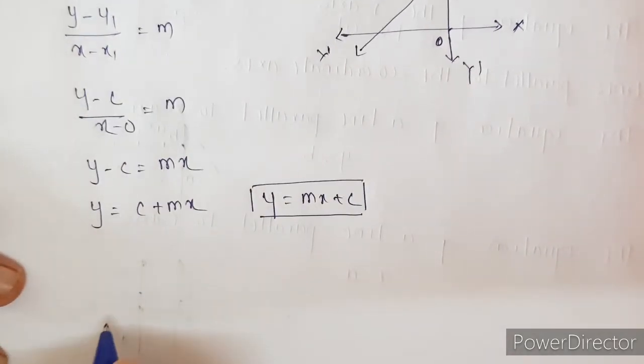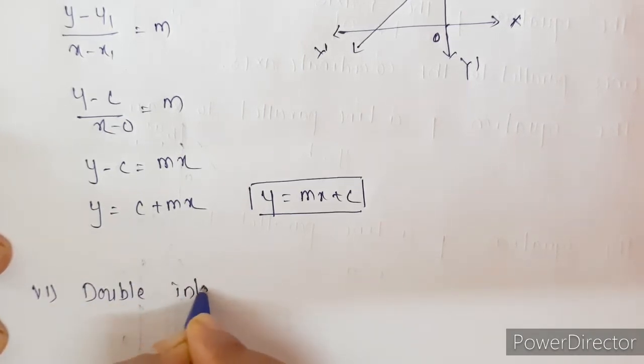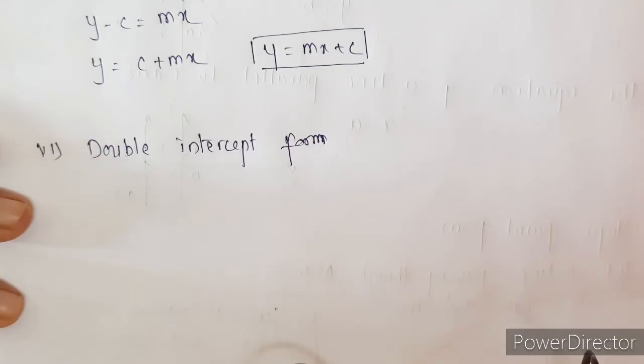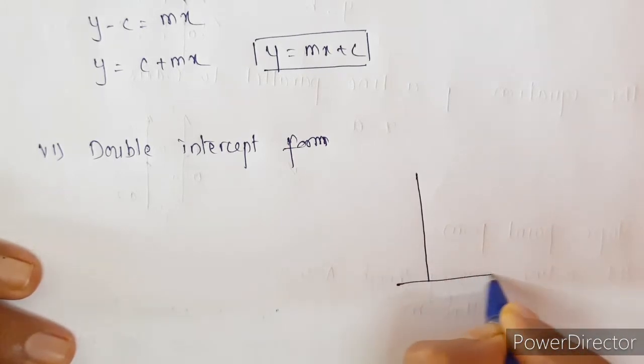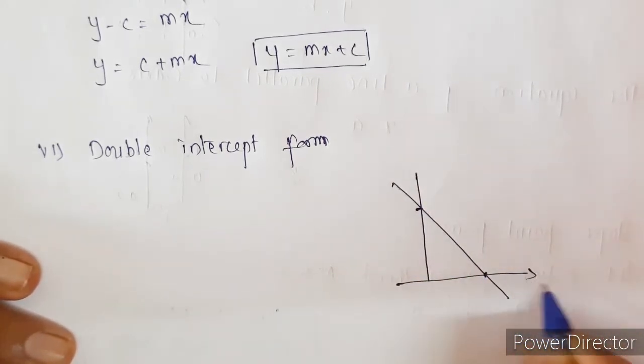Next is double intercept form. In this case, we don't know the slope, but what we know is this line is intersecting at 2 points, on the x-axis as well as on the y-axis.